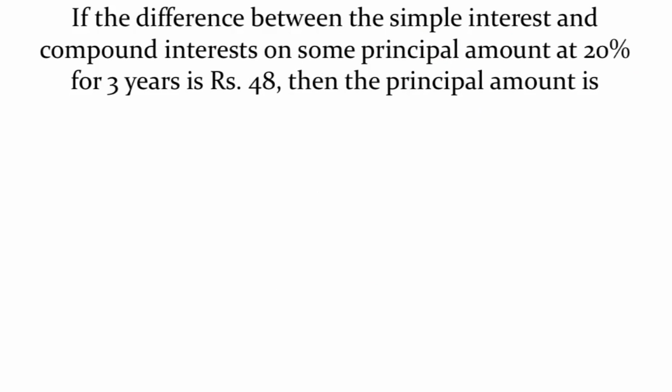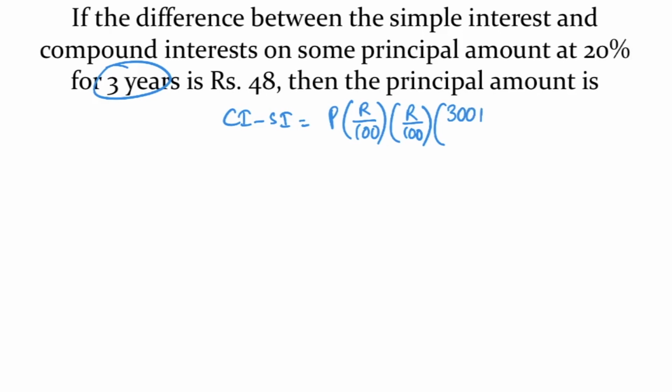If the difference between simple and compound interest on some principal amount at 20% for 3 years is 48 rupees, find the principal. Here the principal is required and the time period is 3 years. For 3 years, the difference CI minus SI is equal to P into R by 100 into R by 100 into 300 plus R divided by 100.